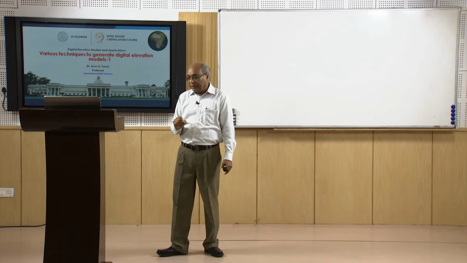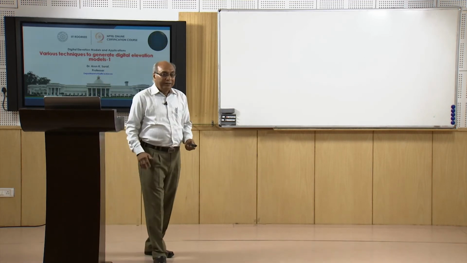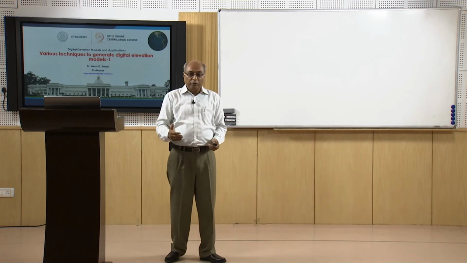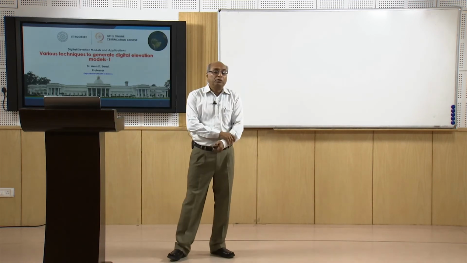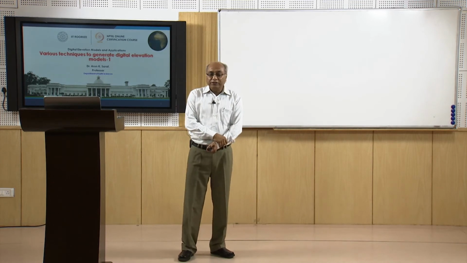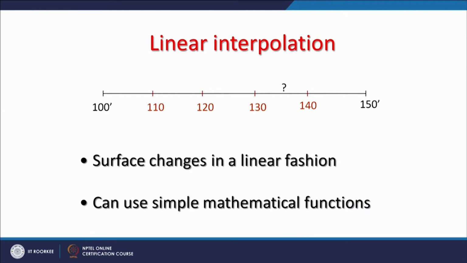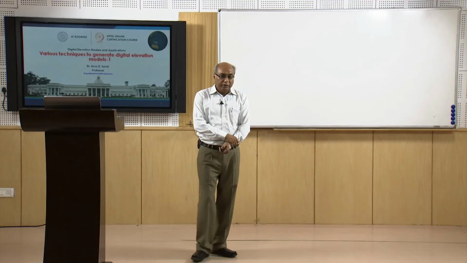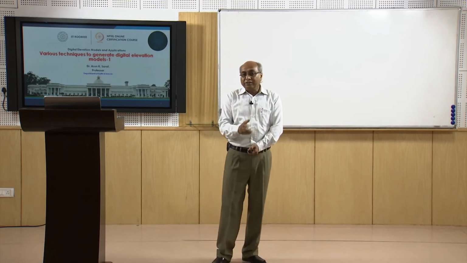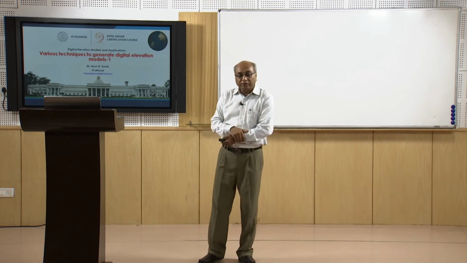If we assume this, then it becomes very easy to predict that the value is probably going to be 135. But if things are not related linearly, then it's a different scenario, and then we go for various types of nonlinear techniques. So if the surface changes in a linear fashion, we can use simple mathematical functions while doing linear interpolation. There are some areas where linear interpolation is preferred over nonlinear interpolation, which we will also touch upon.